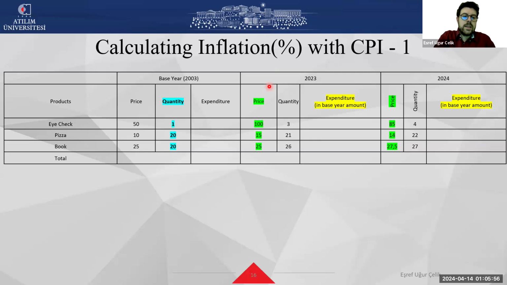This time we are fixing the quantity, or we are fixing the basket, okay? It's the same mechanism as real GDP. In real GDP, we fix the price. In the CPI, we do not fix the price, we fix the quantity, to understand whether there is any increase in price or not.